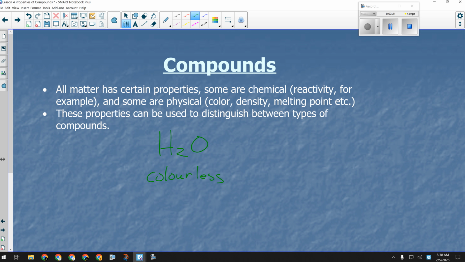What else? It's a liquid at room temperature. Or we could probably say melting point, because that's what determines it to be a liquid, is 0 degrees Celsius. What's its boiling point? 100, right? So those would both be physical properties.